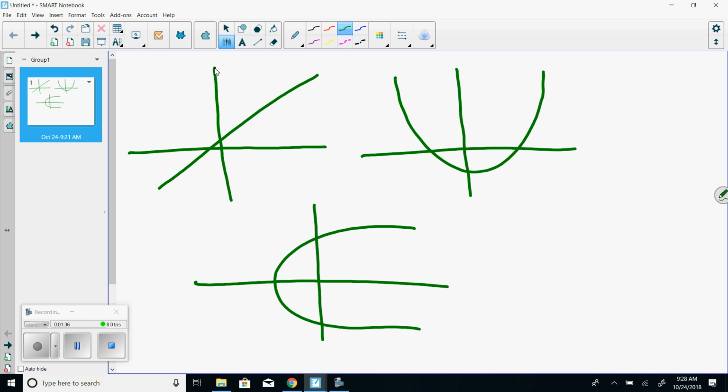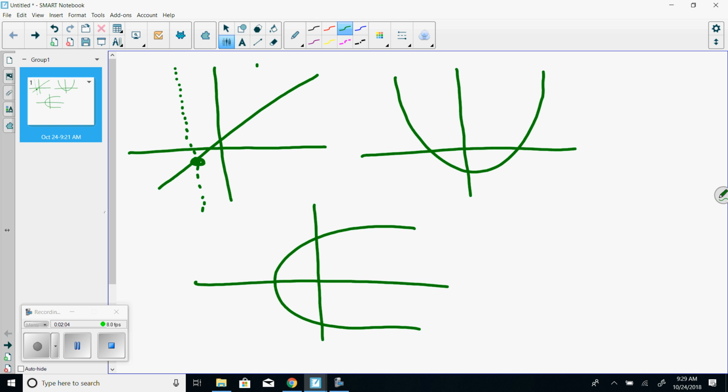So if I were to put a vertical line here on this graph, I'm going to do a dotted line for the purpose of the recording, but you can use your pencil, you can use a ruler. If you see that vertical line only touches the graph in one place, one output, okay?